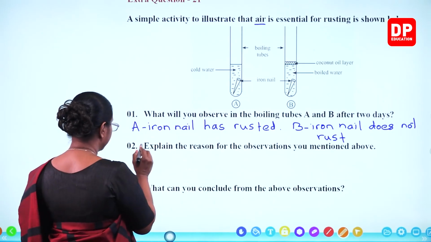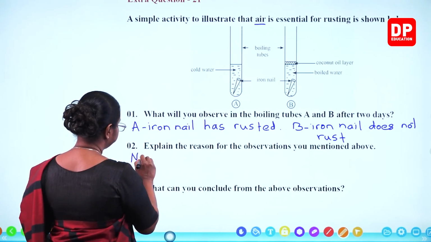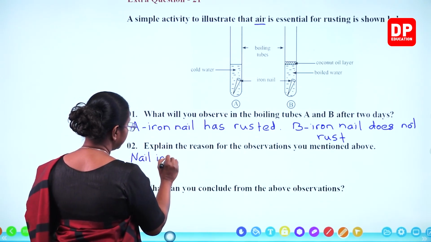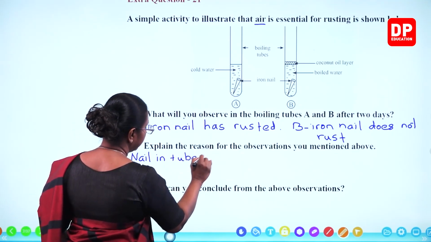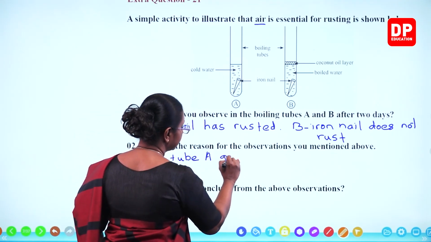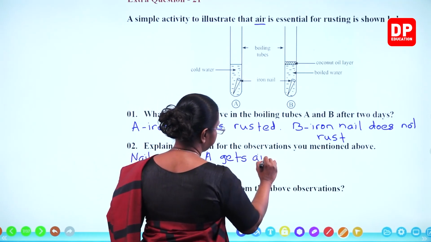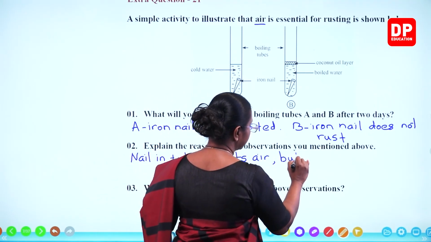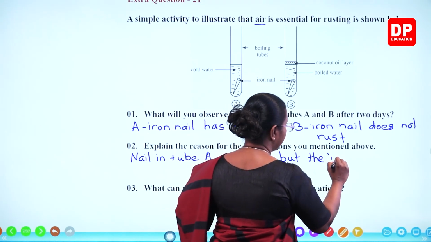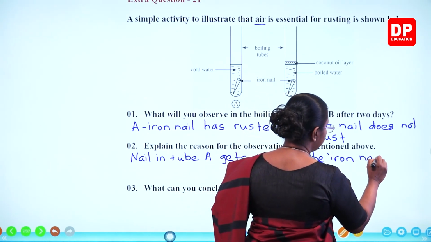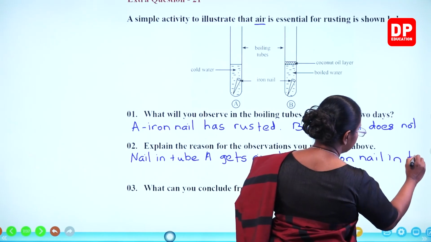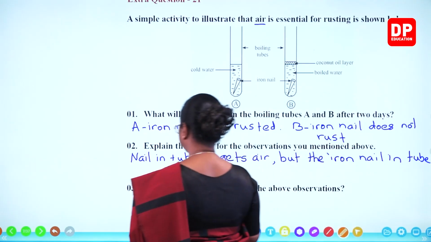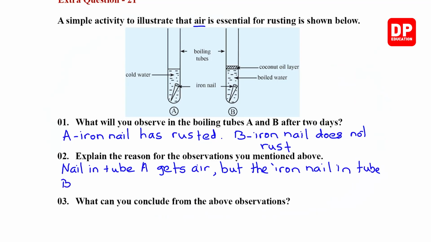The nail in tube A gets air, but the iron nail in tube B is not exposed to air.